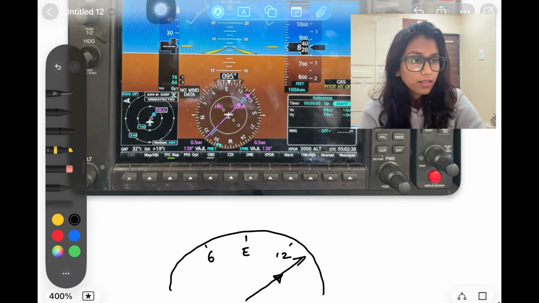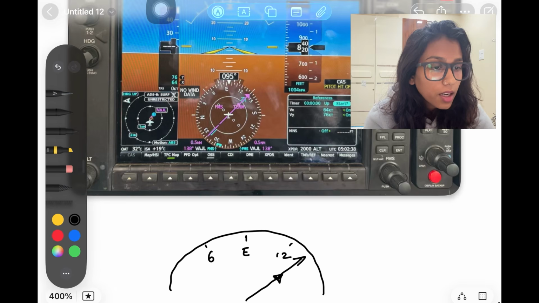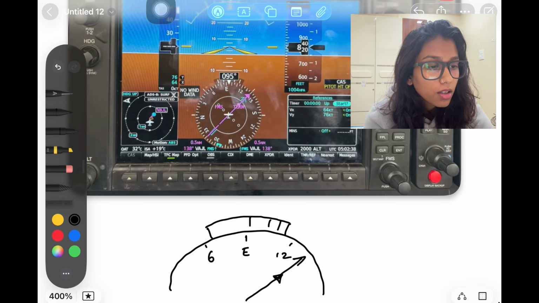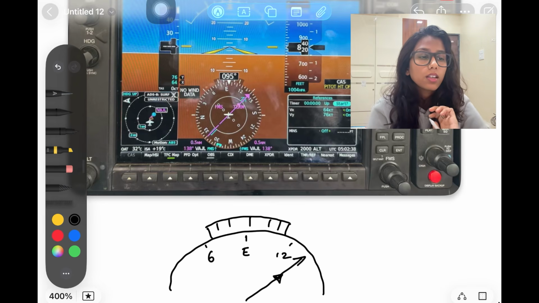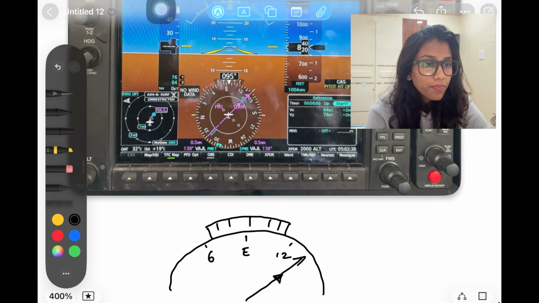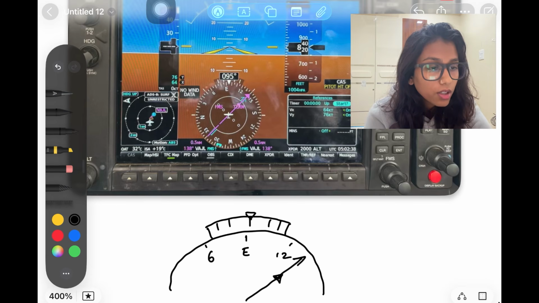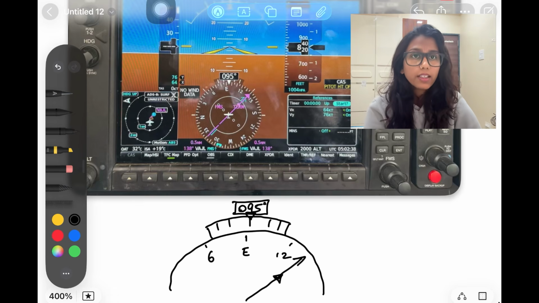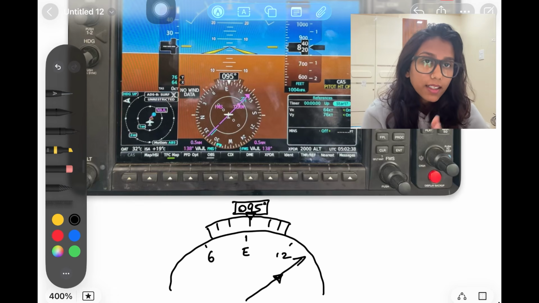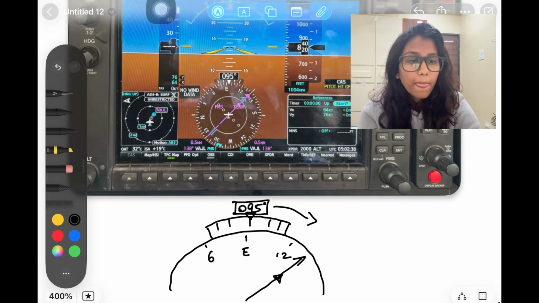Somewhat like this. And just above this is a column made like this, which has 5 lines. And here it is showing your heading bug 095. Correct? So when you take a turn towards right, that means this side.